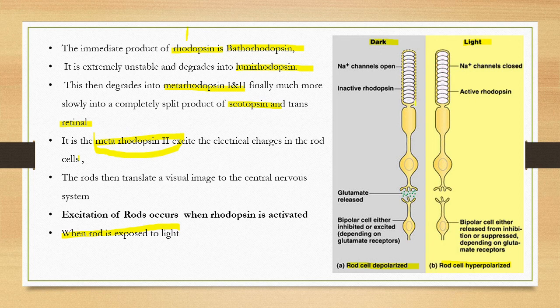This is the outer segment of the rod cell, and this is the inner segment of the rod cell. In the dark condition, these sodium channels are open. Here there are also sodium channels, so sodium continuously moves outward from this region, and the same sodium enters the outer segments. So this is the inner segment, this is the outer segment.